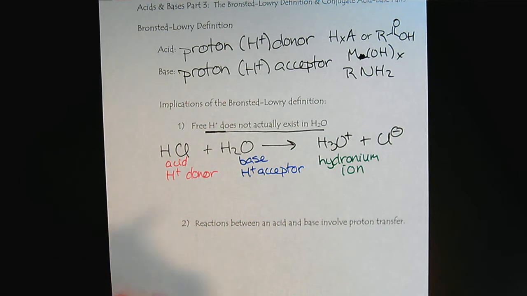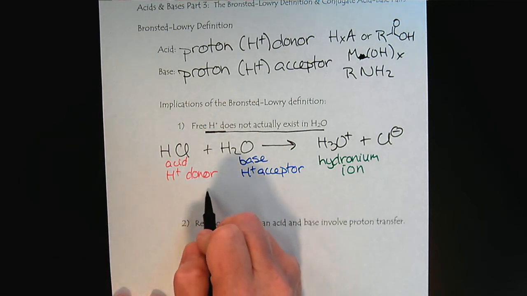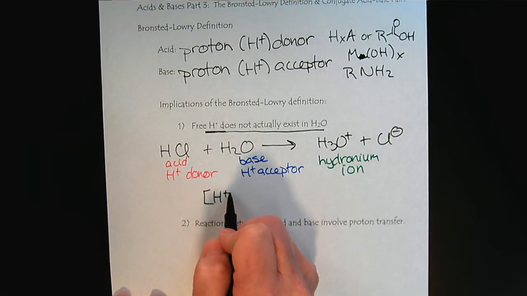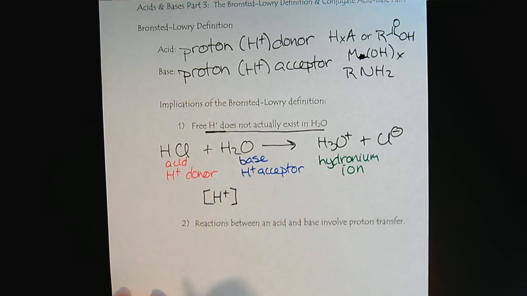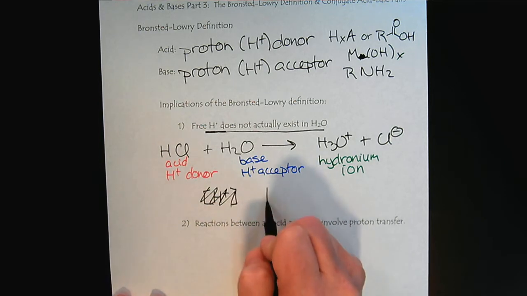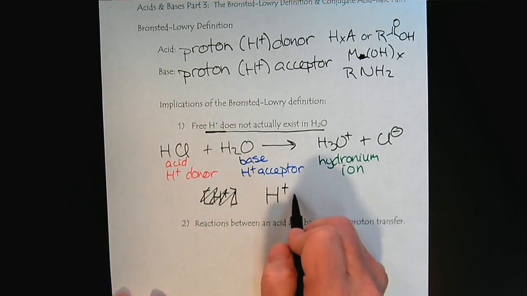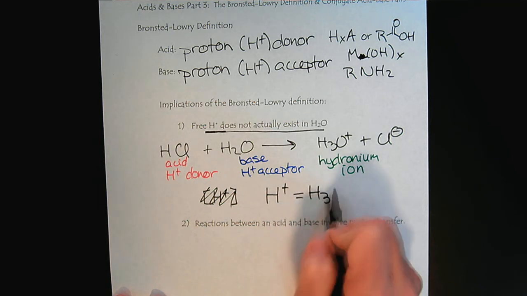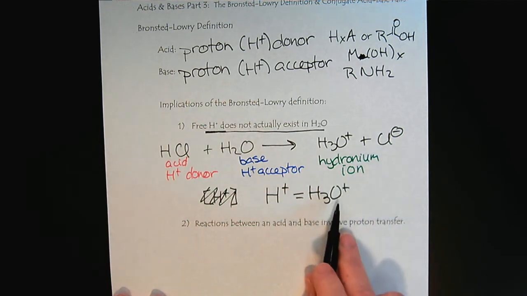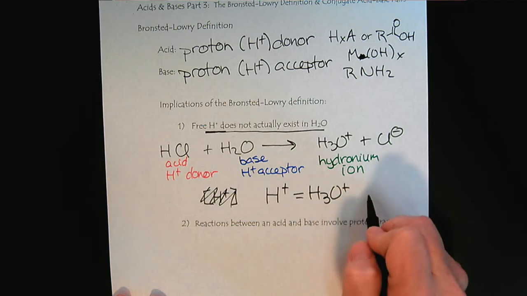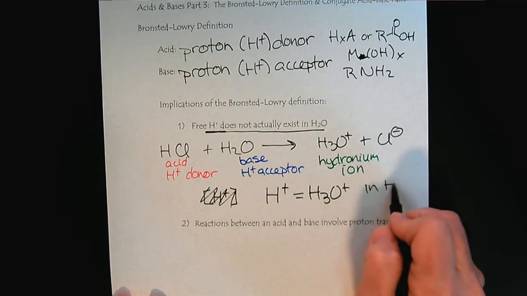So the main thing to keep in mind here is that not everybody is going to pay attention. So when we talk about hydrogen ions, it's the most correct thing to say that they're hydronium ions in water.